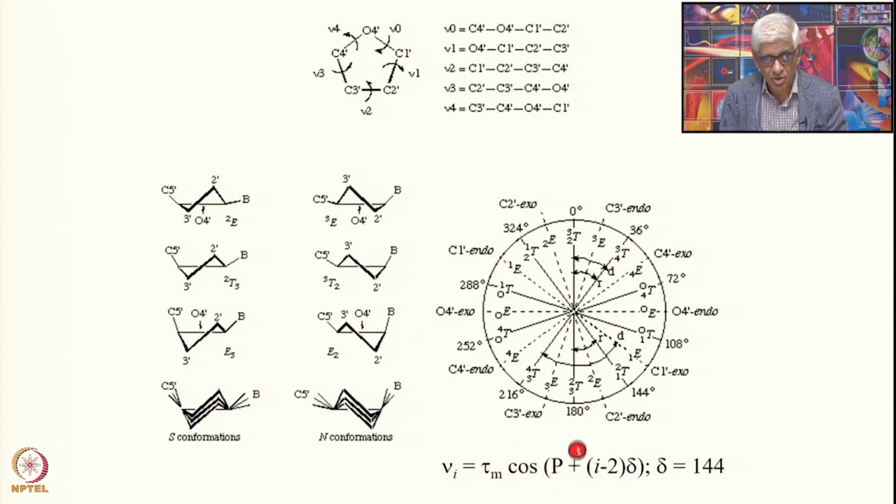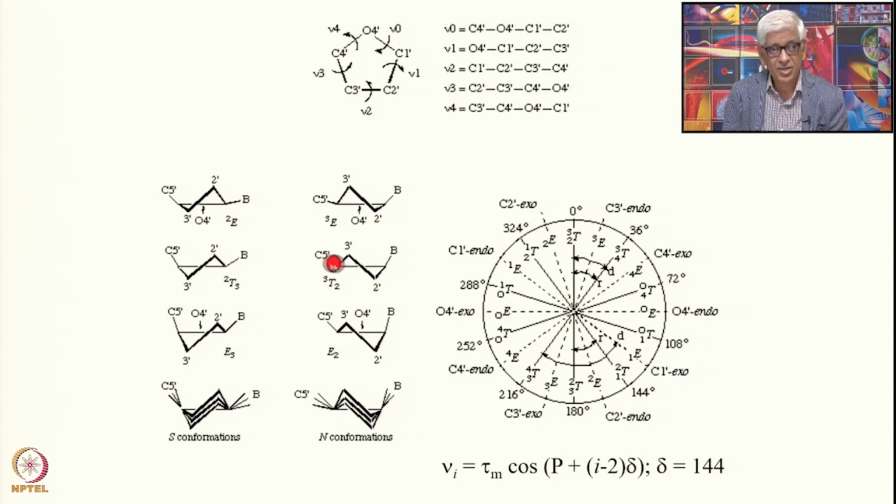Depending upon the value of P, you get different geometries, and all of these are indicated in a kind of circle, because P can go from 0 to 360, or you can say it goes from 0 to minus 180 or plus 180 and so on. These are typically indicated, showing what kind of structure we get. These all have certain labels, that is, what kind of structure the sugar ring has.